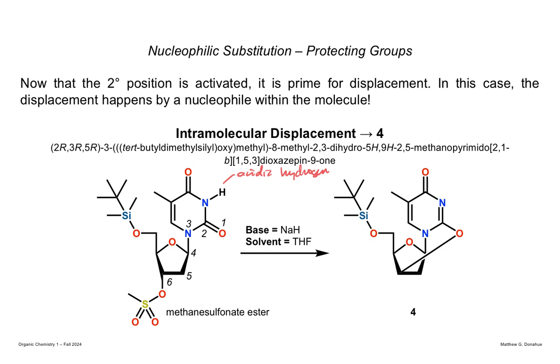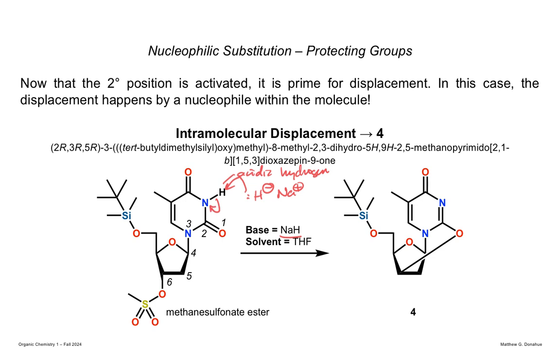And so that specific hydrogen that I've highlighted, that's pretty acidic because it's sandwiched between an amide and a urea. And so that can be deprotonated with sodium hydride. So that's a base that will act as an acid.